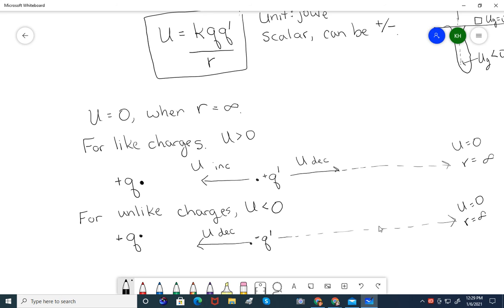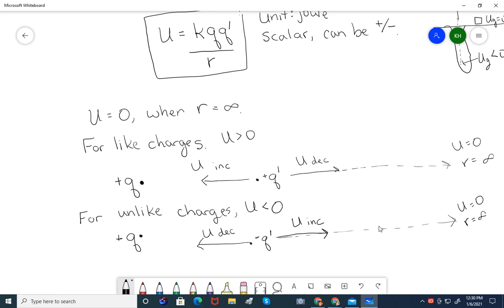It's like 0, -1, -2, -3, all the way to negative whatever. It's decreasing. If you move it away, the potential energy increases, right?